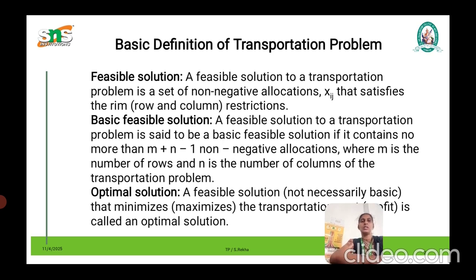The basic feasible solution means we have to check m plus n minus 1 non-negative values, where m represents the rows and n represents the columns. An optimal solution is when the problem, whether a minimization or a maximization, is solved optimally. So these three definitions are very important for the transportation problem.